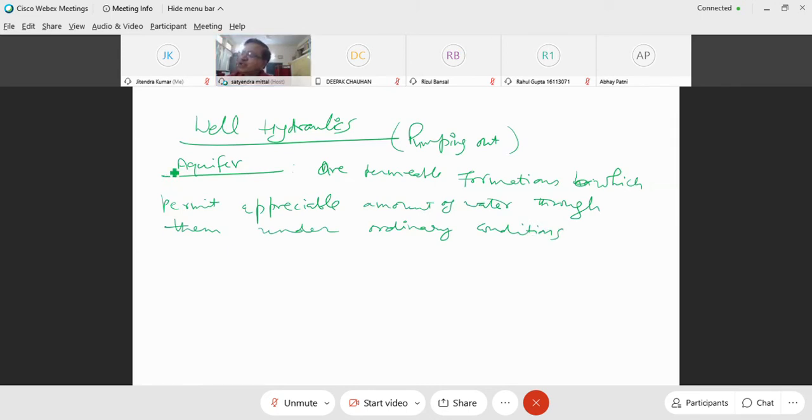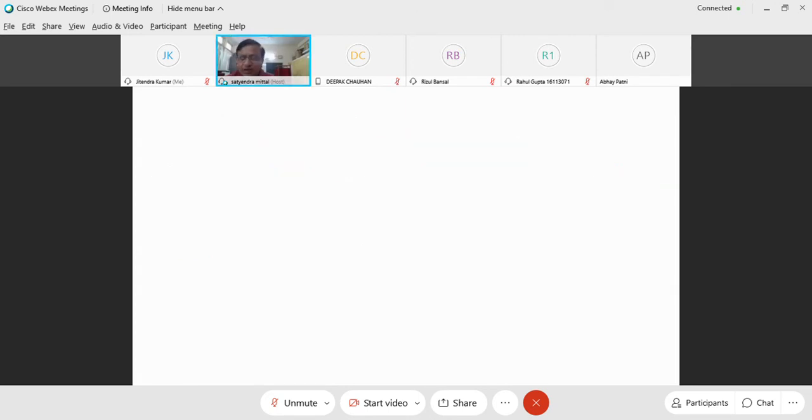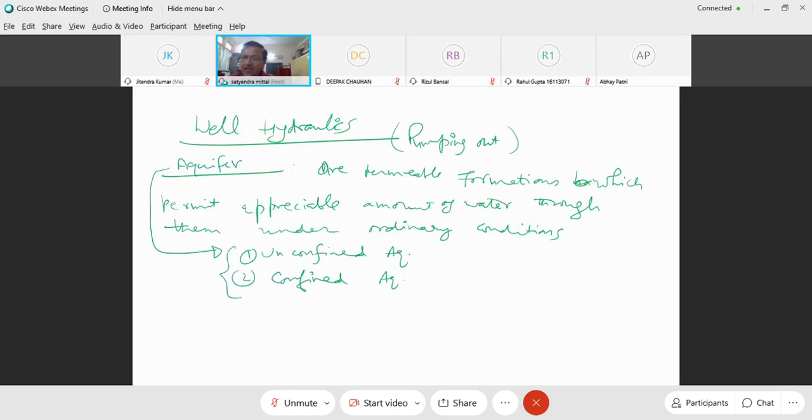So aquifers can be of two types. One is unconfined aquifer, or it can be confined aquifer. We do not know what is happening below the ground, but when I started my first lecture on permeability, I said that we are dependent on the porosity of the soil.